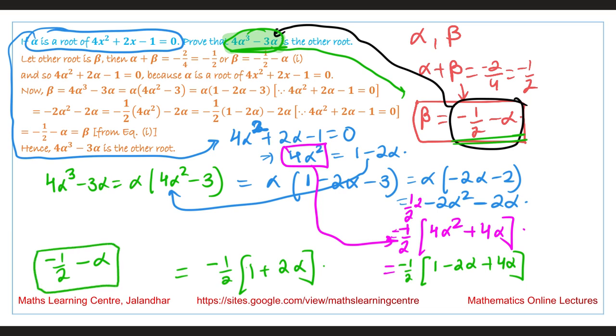And this is what we have to prove, that this value is β = −1/2 − α, and this is equal to 4α³ − 3α. So we are saying that if one root is α, then the second root is 4α³ − 3α.